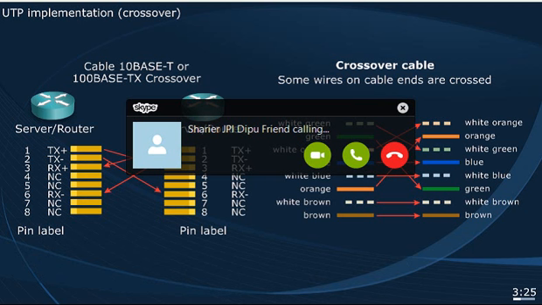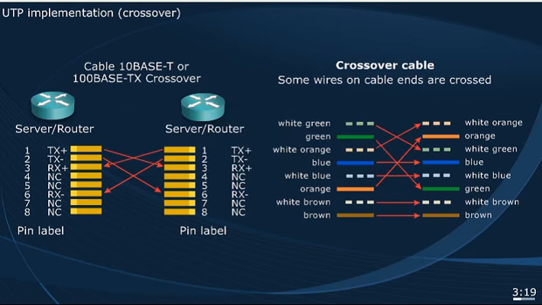And this need of performing a cross is the reason why we have a crossover cable. In fact, one of the ways that Raymond began our discussion a while ago, he was talking about what happens if we cable two computers together directly. Is that a LAN? The answer was yes, it's a LAN. It's not a very big LAN.